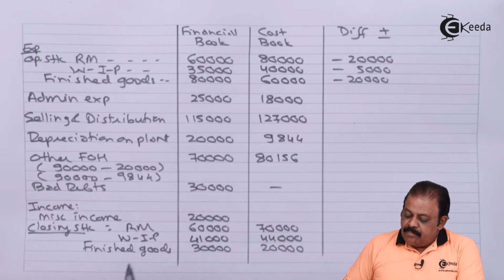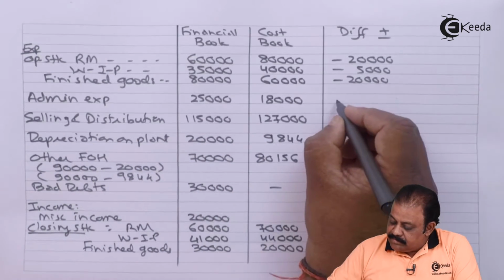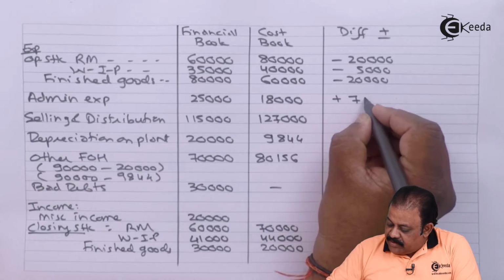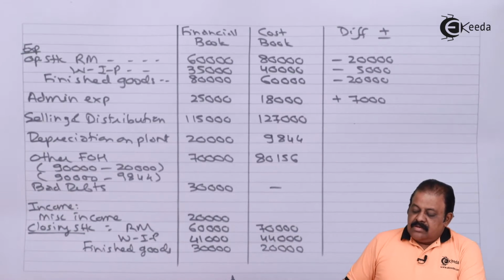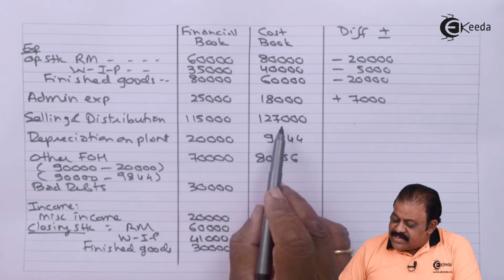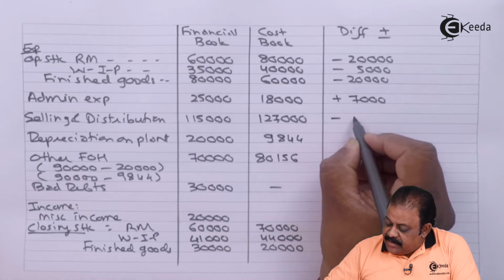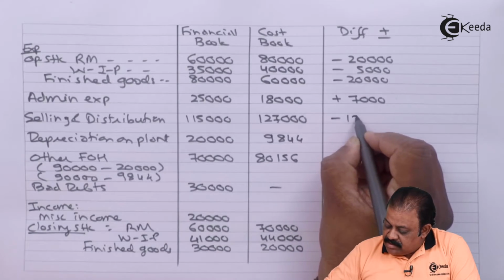minus 20,000. Administration expenses 25,000 minus 18,000. This will be plus 7,000. Selling and distribution expenses 1,15,000, 1,27,000. So that will be deducted, minus 12,000.